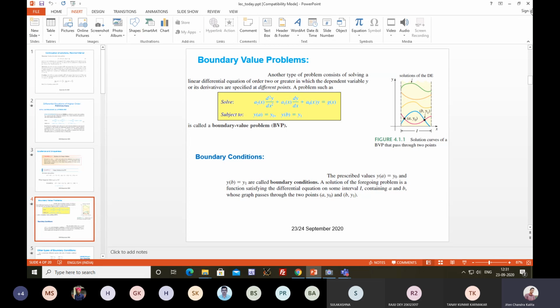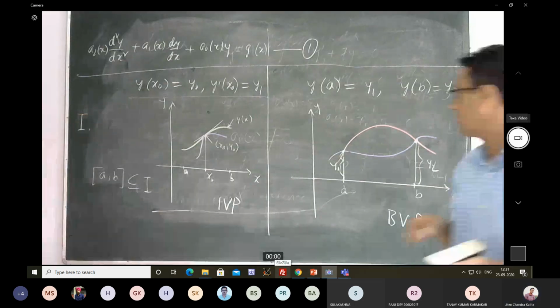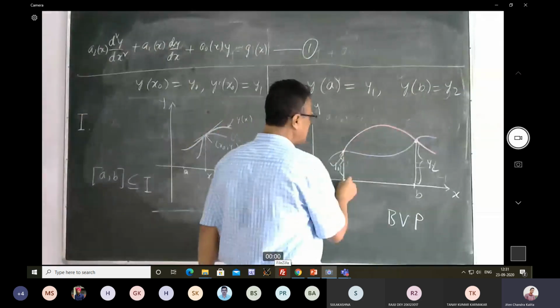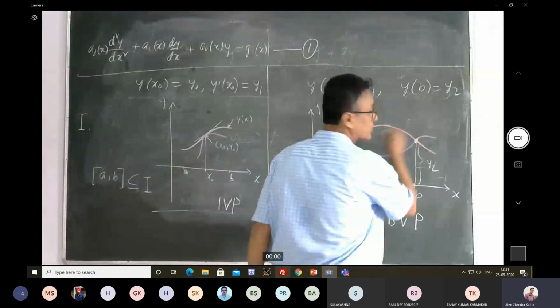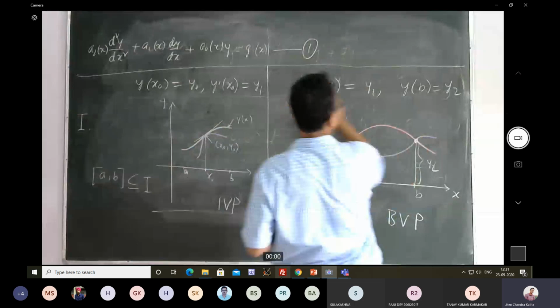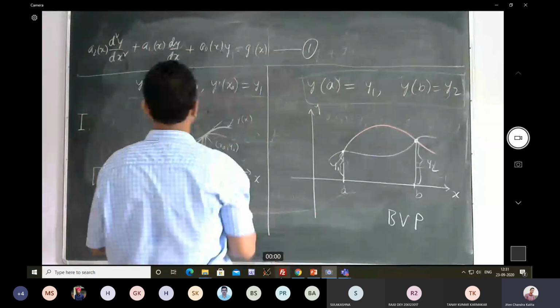Okay, so now again, one thing you should remember is that in the case of the boundary value problem, you shouldn't think that the boundary conditions are only going to be defined in this way. It is not necessarily so.